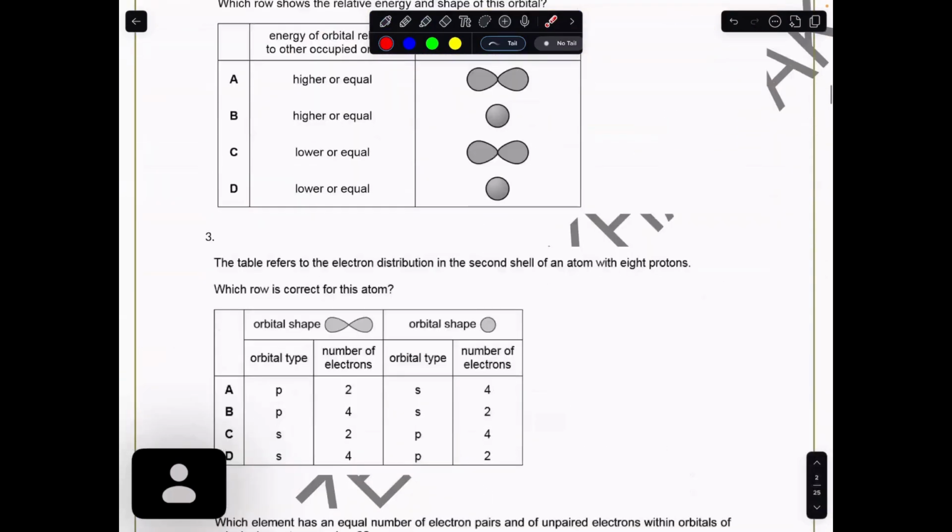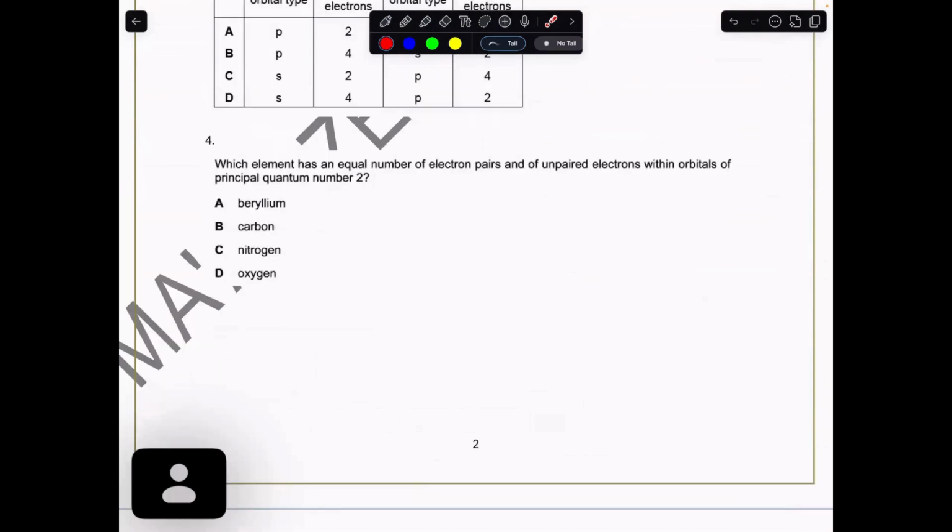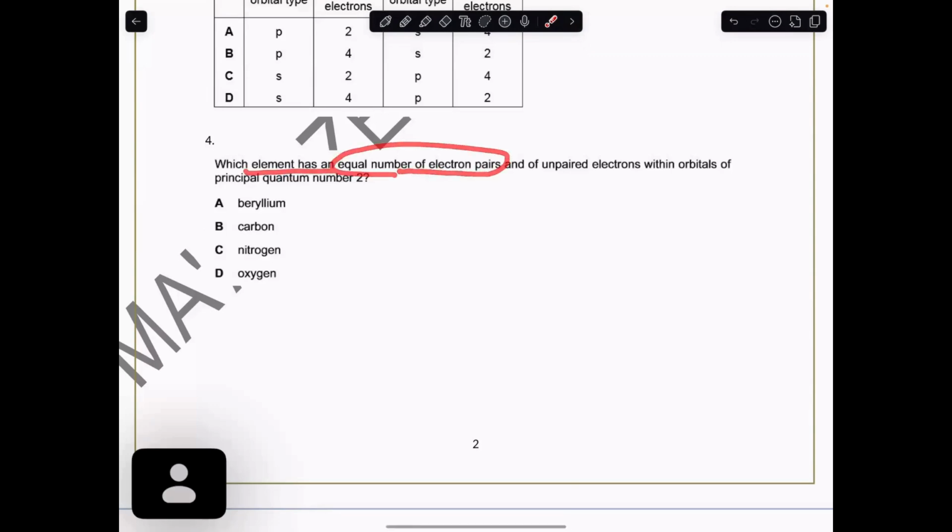This is easy, this I'm leaving. Look at this question, this is a bit different. Which element has an equal number of electron pairs and unpaired electrons within the principal quantum number 2, the second shell?